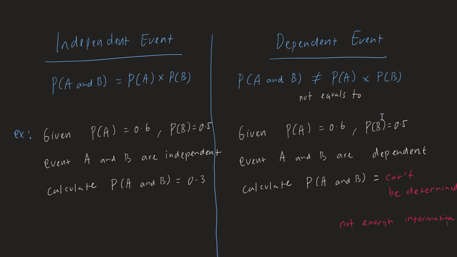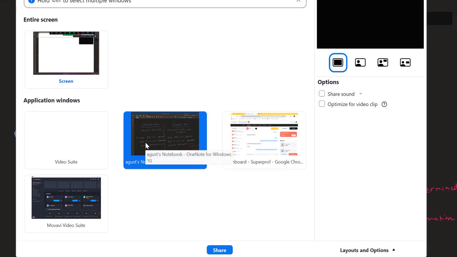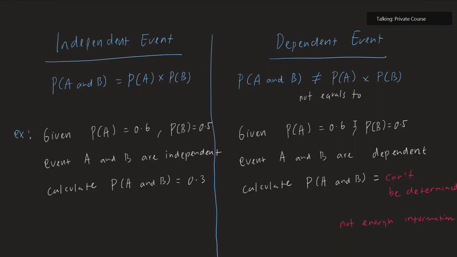I give you probability of A 0.6 and probability of B 0.5. So it is not probability of B given A. It's just probability of B.